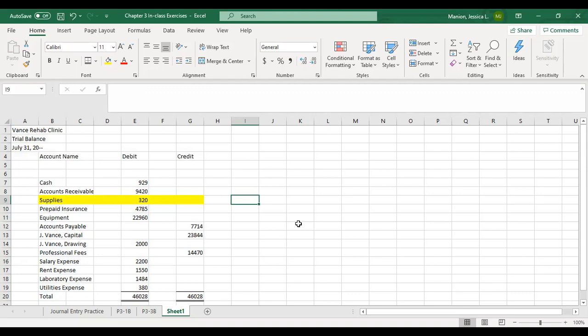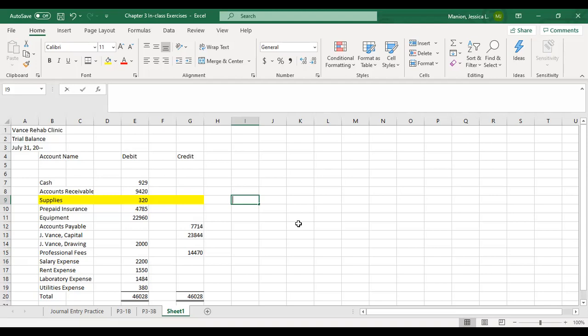For example, this $320 in supplies could be packages of paper, ink cartridges for the printer, Post-it notes, pens, pencils, whatever. Then we get to the end of the month, we've used some of that up. So we need to count, determine what we have left in inventory and adjust that account.